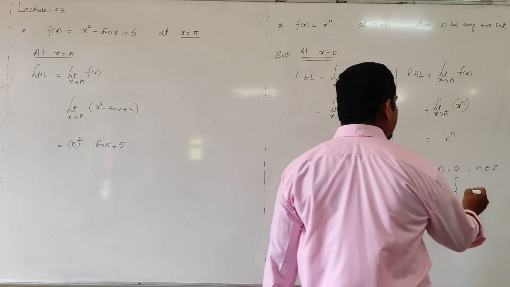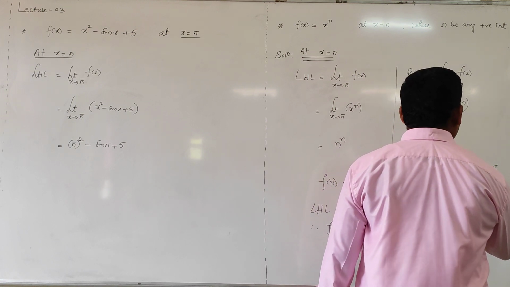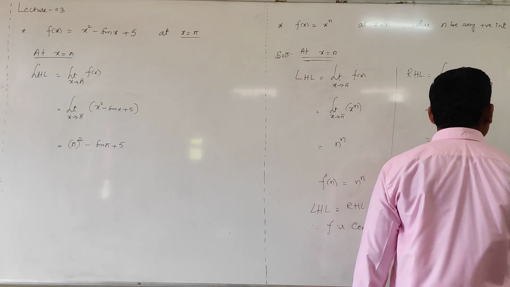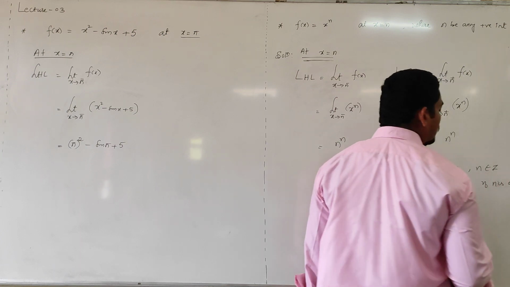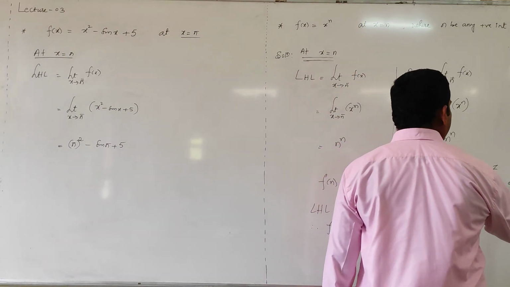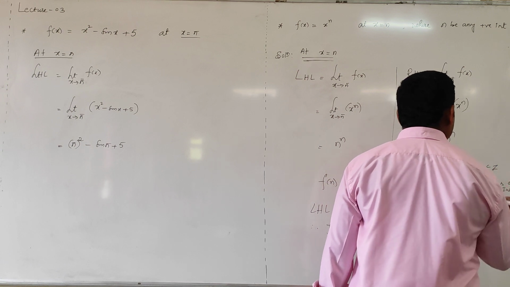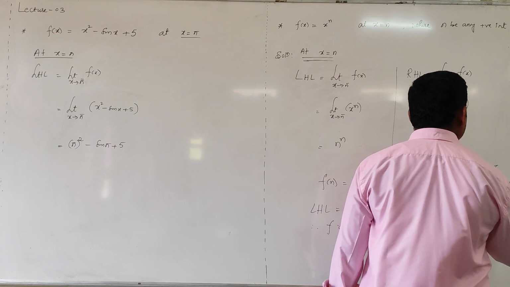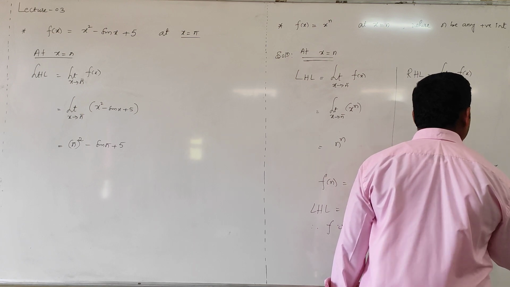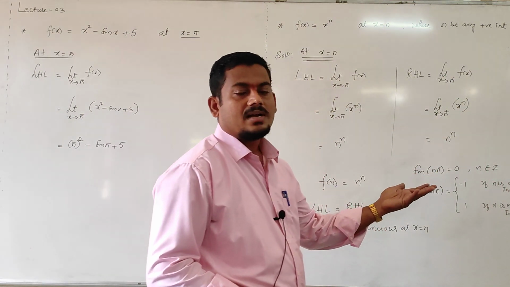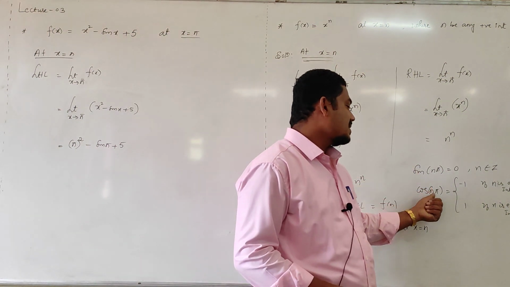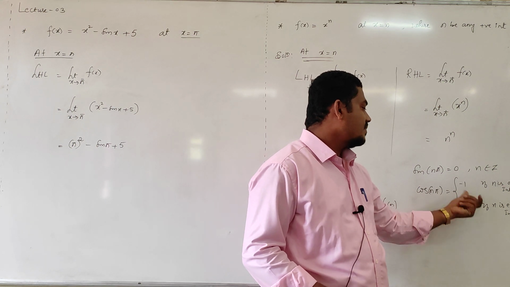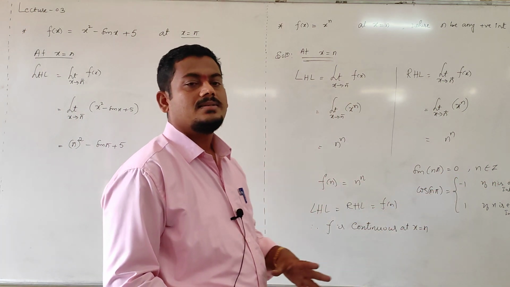Cos n pi is equal to minus 1 if n is odd integer, and plus 1 if n is even integer. Already you know cos of odd multiple of pi is minus 1, even multiple of pi is plus 1, and sin of any multiple of pi is 0.